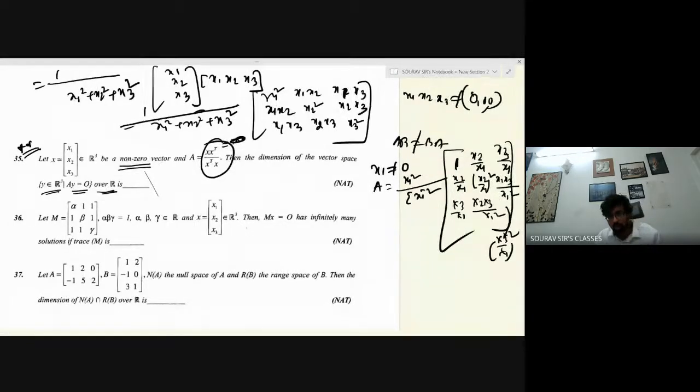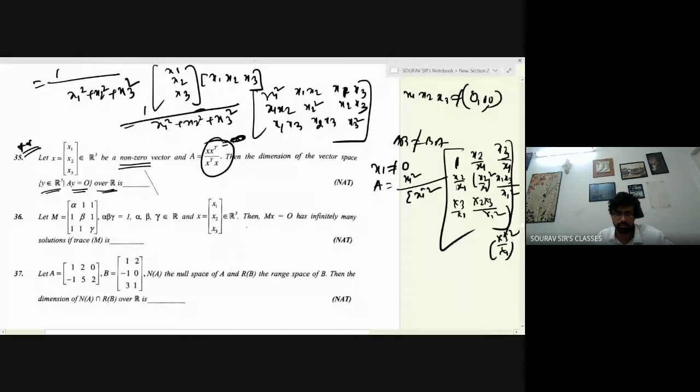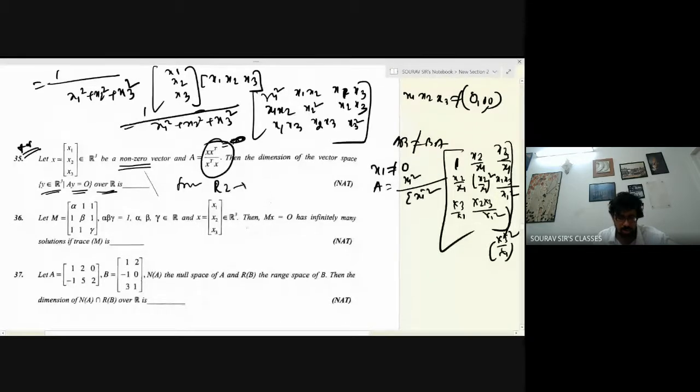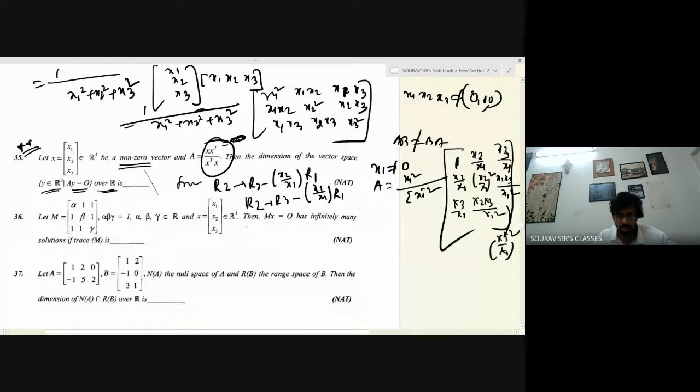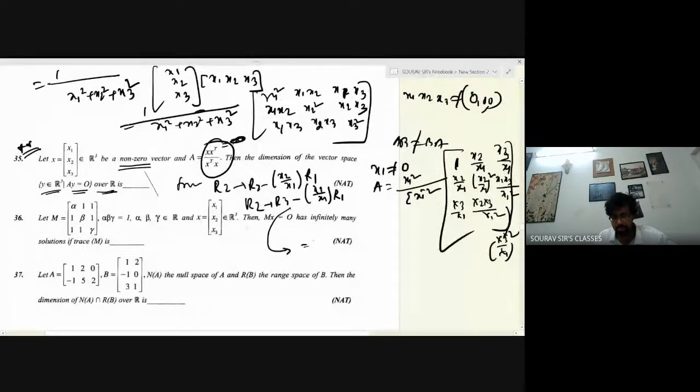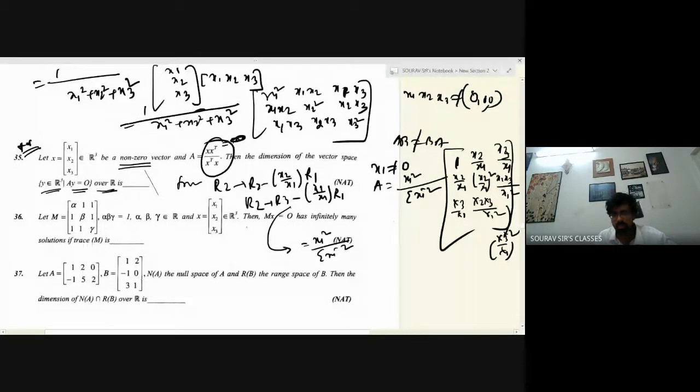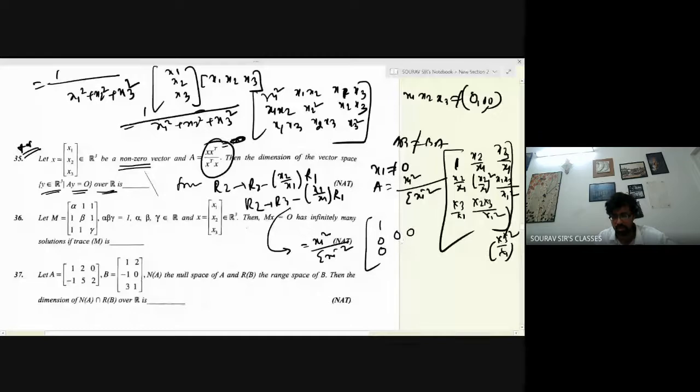Now, from R2 and R3, if we take R2 minus x2 by x1 times R1, and similarly for R3, in this case also this all will be 0.